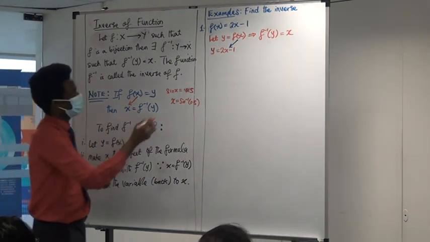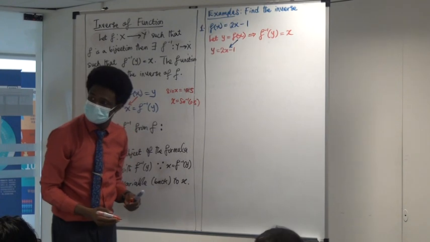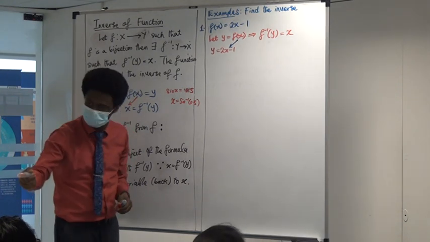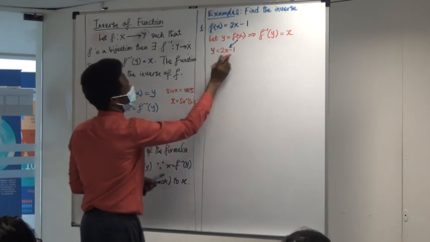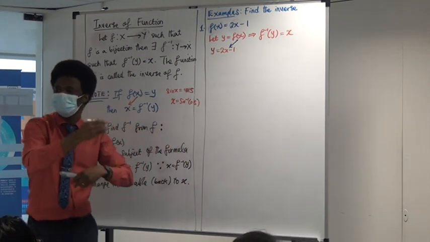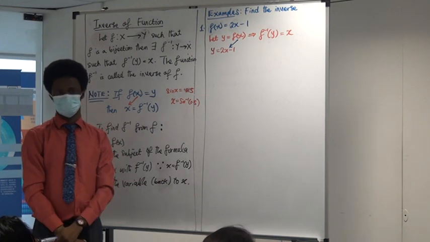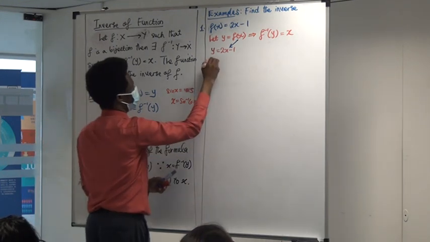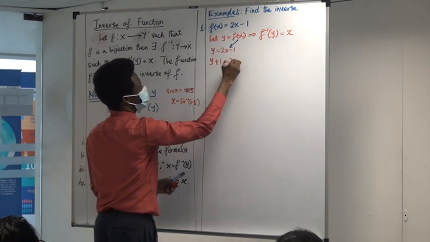Then we make x the subject. Ryan, do you understand, yes or no, please? Good. Make x the subject means rewrite the equation so that x stands alone. So y plus 1 is equal to 2x, correct?